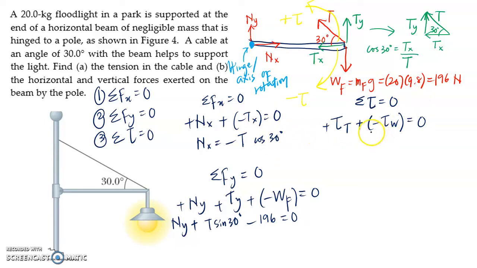Positive and negative torque actually show the direction: counterclockwise is positive torque, and clockwise is negative torque.